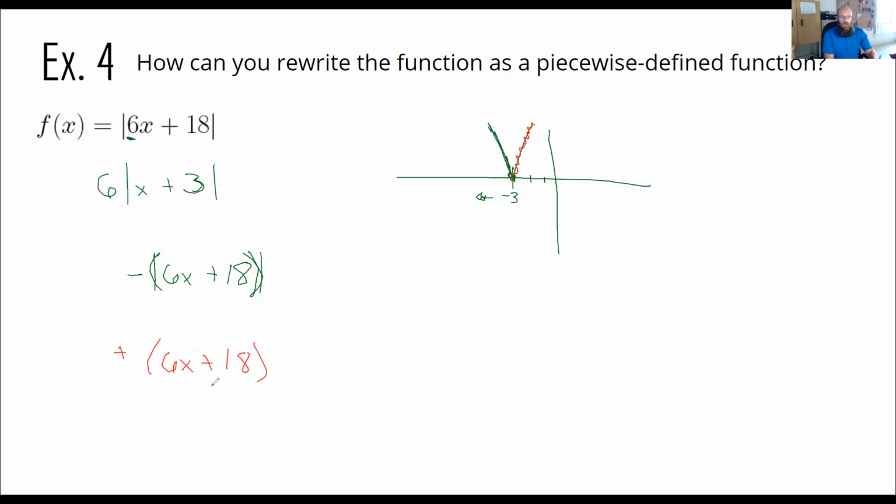Now I need to determine what are all of their limits, their bounds, their domain restrictions. For the green part, x has to be less than or equal to -3. And for the red part, x has to be greater than or equal to -3.